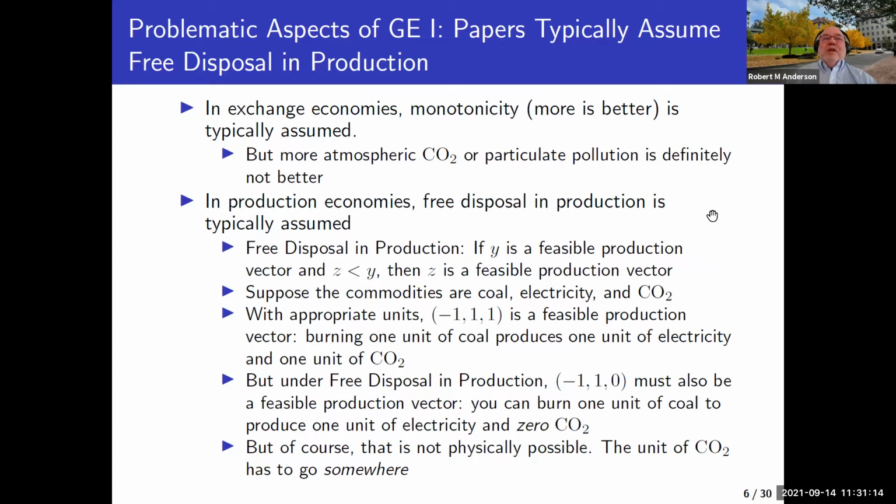So I'm going to use the word accounting in a number of cases. If you're going to impose a tax on something, you have to be able to account for it. And free disposal in production allows you to drop the carbon dioxide emission from the accounting, which means that, at least in the model, you can't tax it. So this assumption is something we absolutely can't live with.